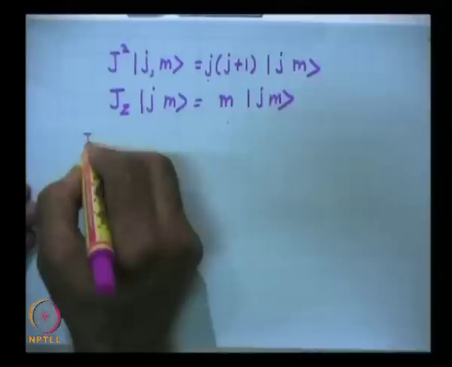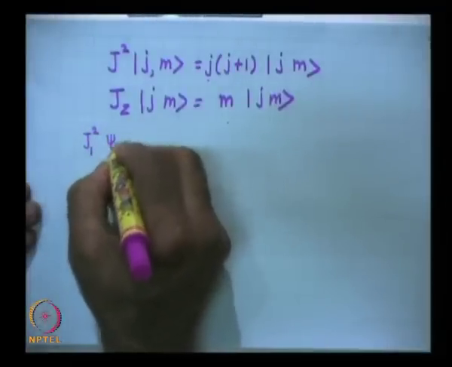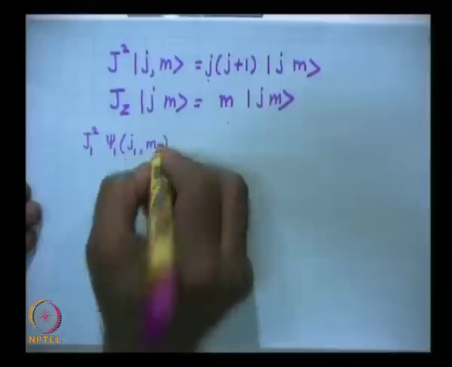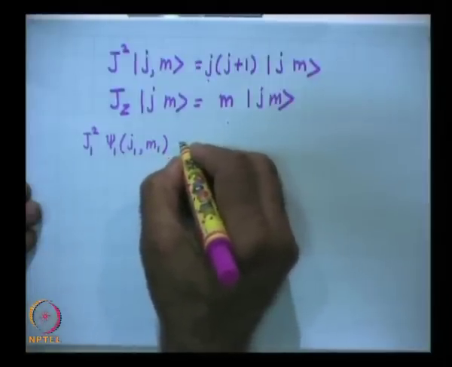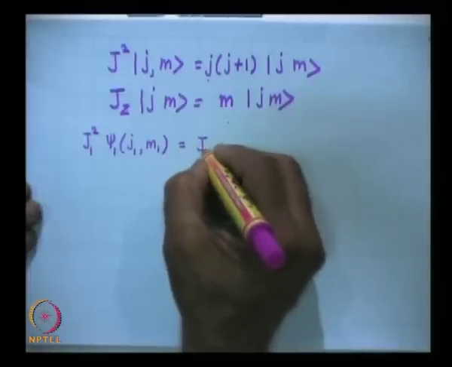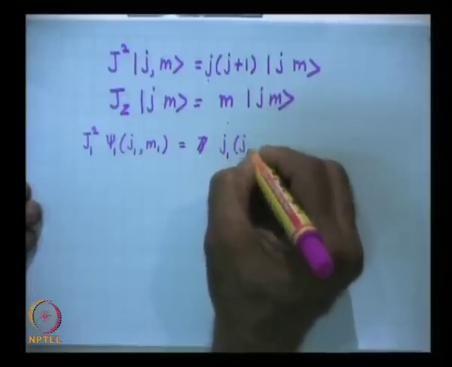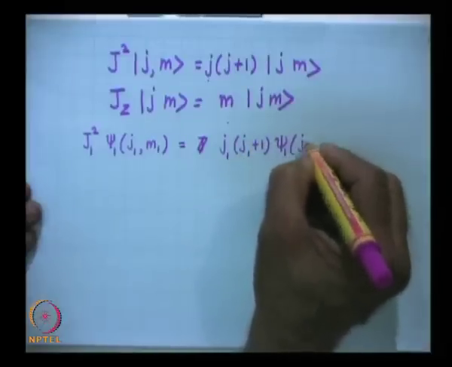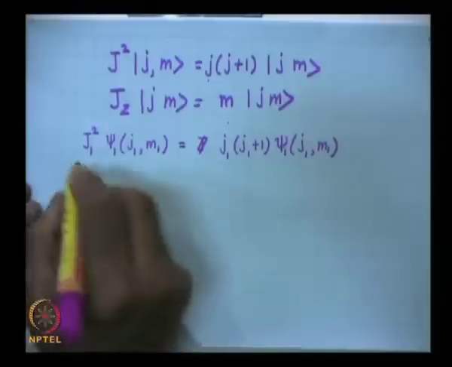Now, let me go back to J1 square. Let psi 1 |J1, M1> be the simultaneous eigenket of J1 square and J1z. So, J1 square psi 1 is equal to J1 into J1 plus 1 h cross square psi 1. When I give the examples, it will become clearer.